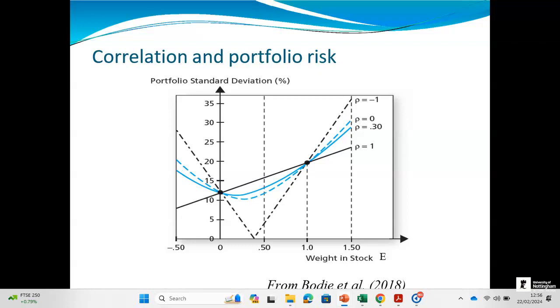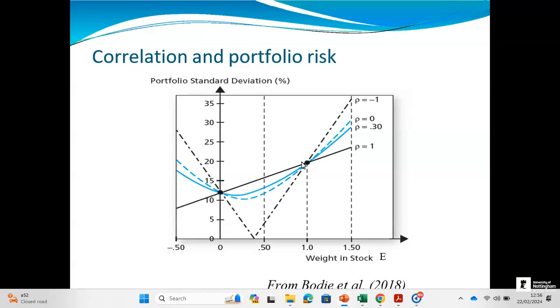So if you are putting more weight in stock E, whether 90% or 78% or 95% or whatever, irrespective of the correlation, you're getting closer to this point here on the slide.